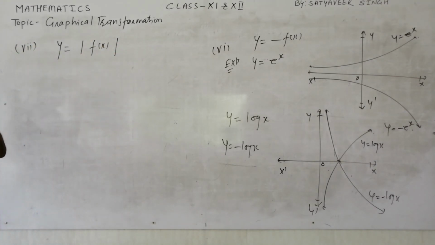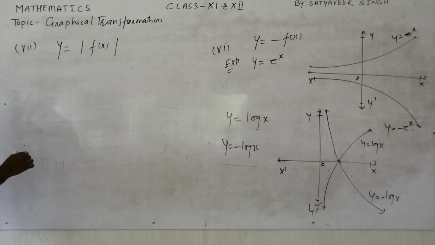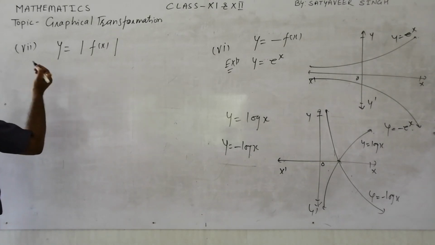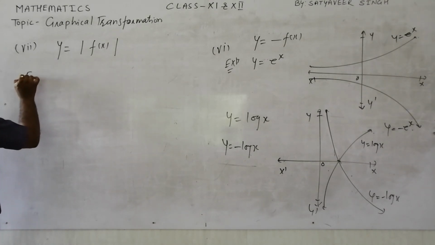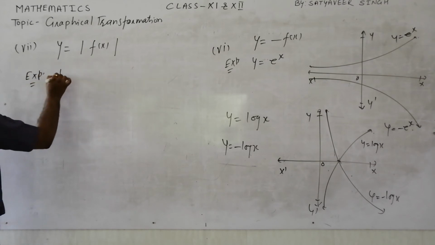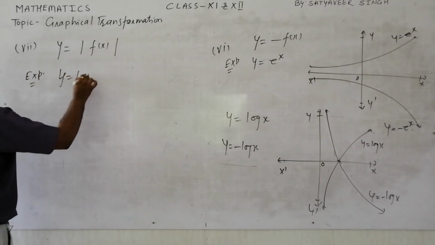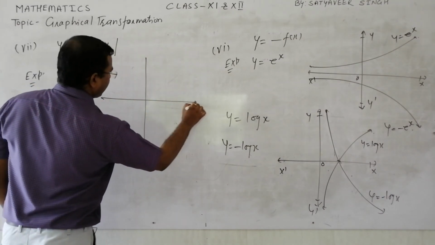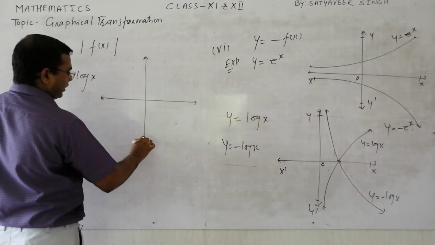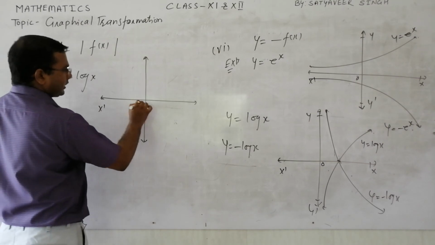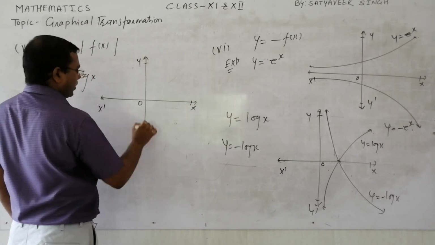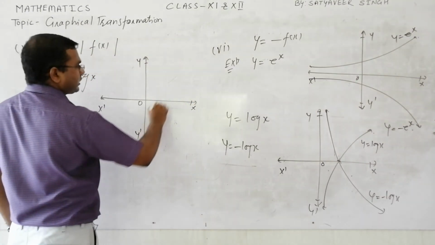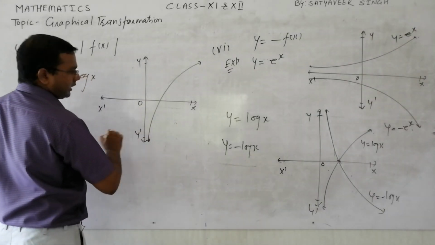If I am drawing the graph of modulus f of x, I am taking the example here, maybe y is equal to log x. So see the rough sketch we have drawn about this. Here it is x'ox and y'. So this is the graph of log x.